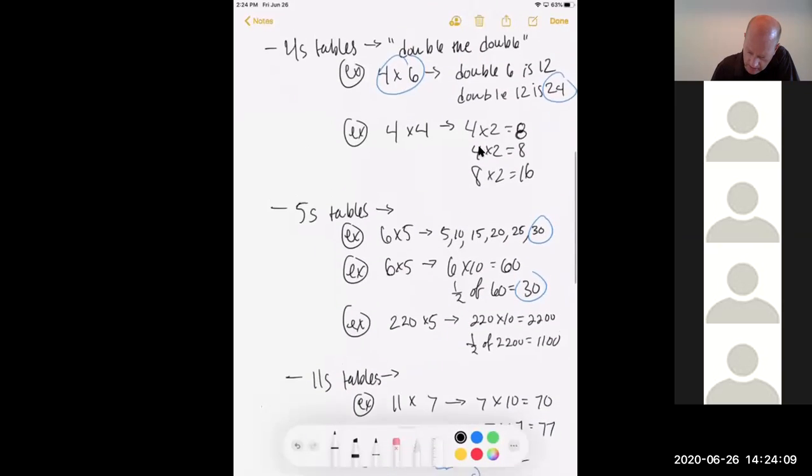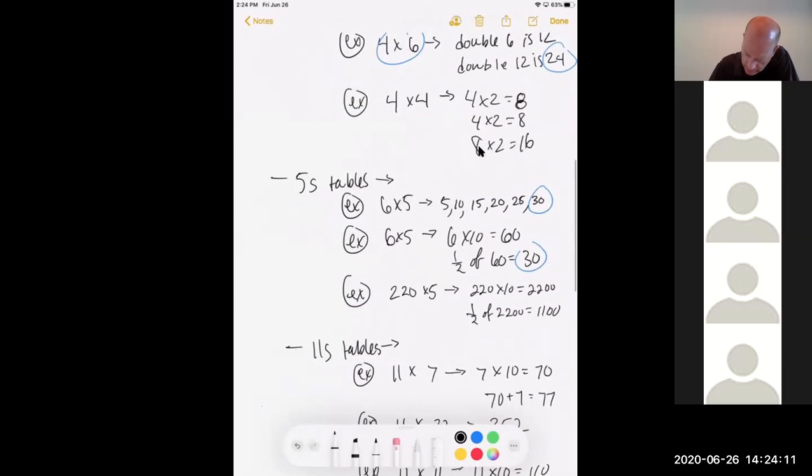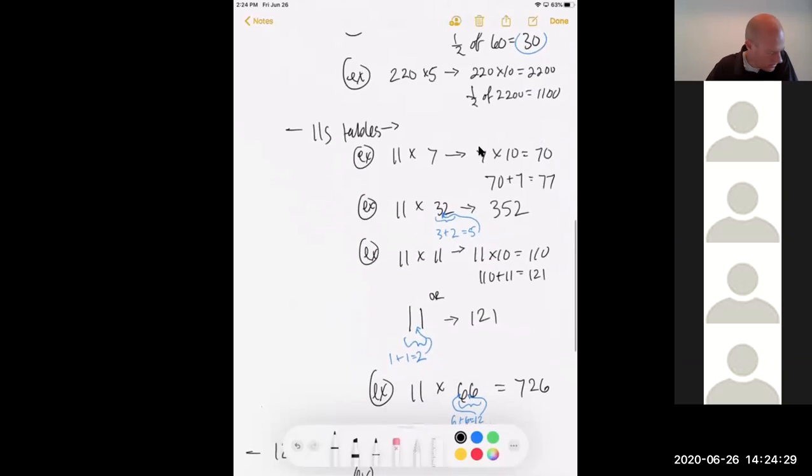For the 5's, half of multiplying by 10. The 11's rule in general is times 10 plus 1.